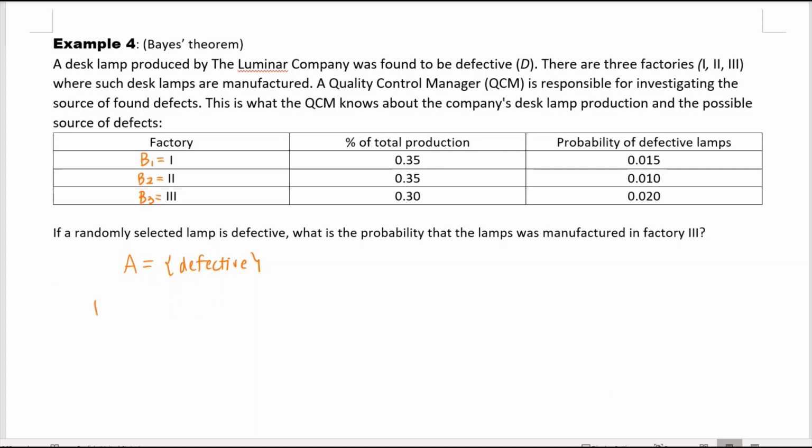So first of all, let's compute P of A. Okay, probability of defective. This is the potato rule. Remember, we cut the potato into slices. And here we have 3 regions, B1, B2, B3. And then the potato, right, A is right here. So we cut it into 3 slices.